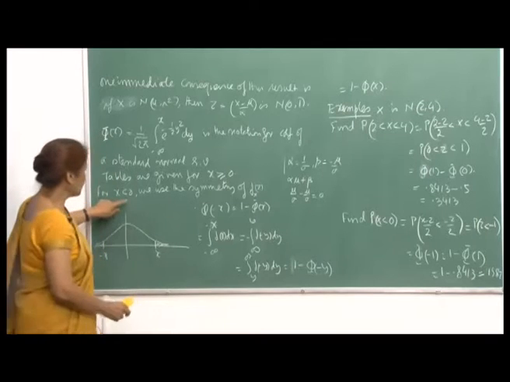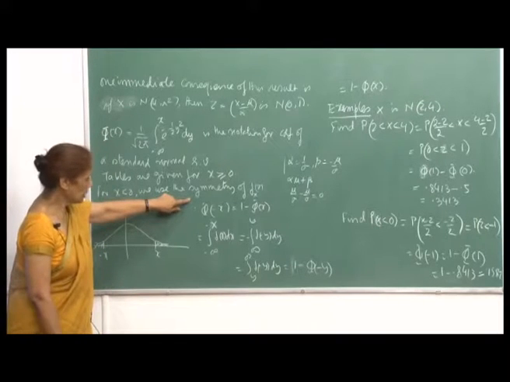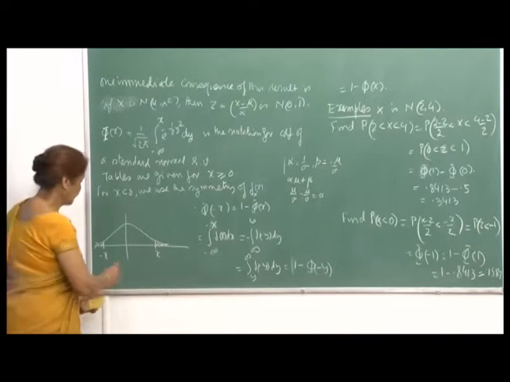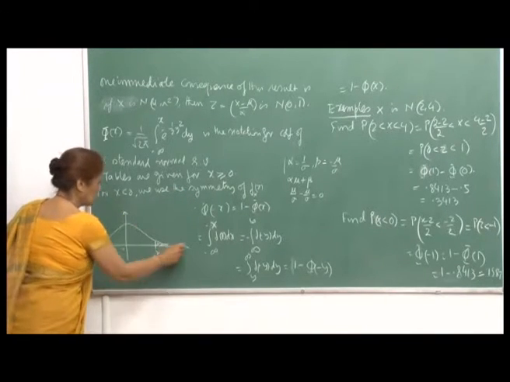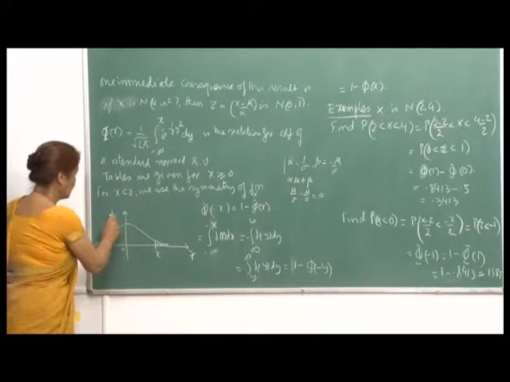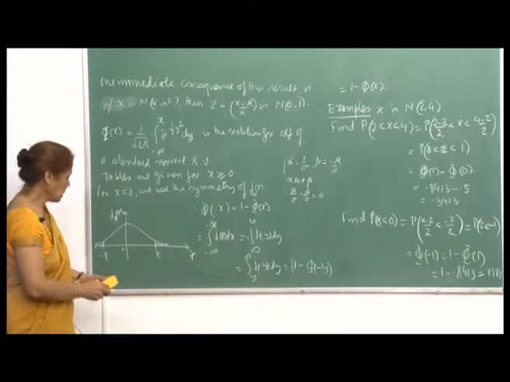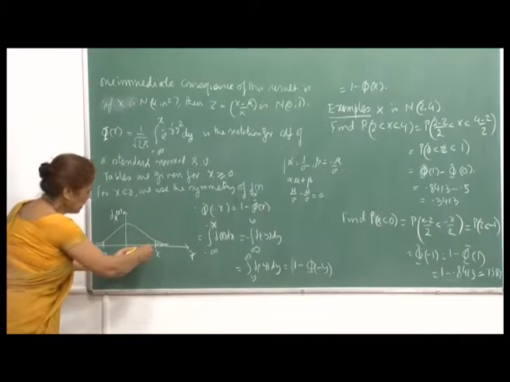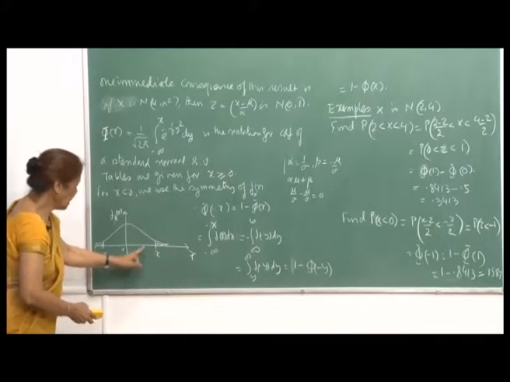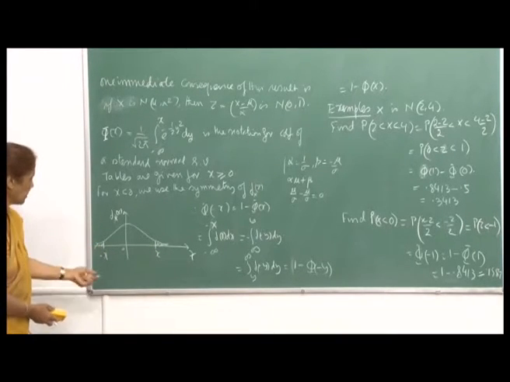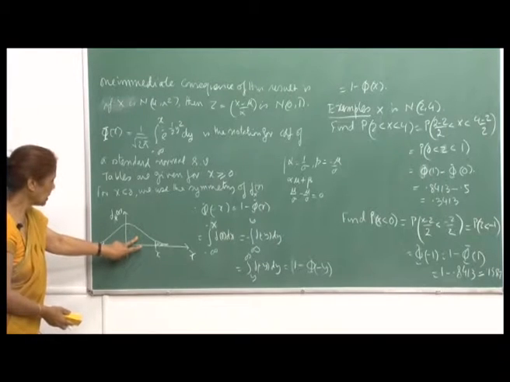Then for x less than 0, we use the symmetry of the PDF, because this standard normal is symmetric about the origin, right. Now, the symmetry means that if you have x here, then the area to the right of this number is the same as the area to the left of minus x. This is what symmetry means, because this area and this area are equal.